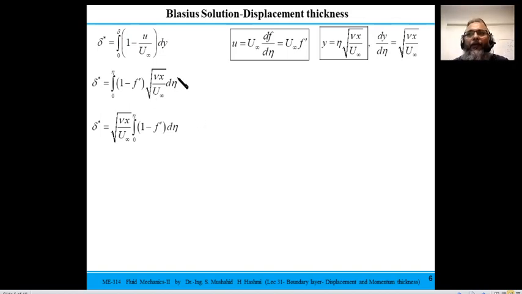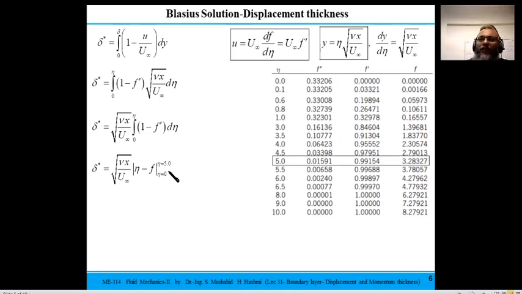Here, the term in this square root is taken out of that integral, because we are integrating with respect to eta. Eta is our variable. As we know from the Blasius solution, if you integrate, the integral of 1 would be eta, and the integral of the first derivative would be the function itself. As we know, the derivative and integral are merely antiderivatives of each other.